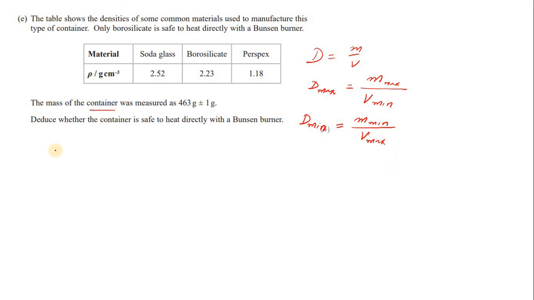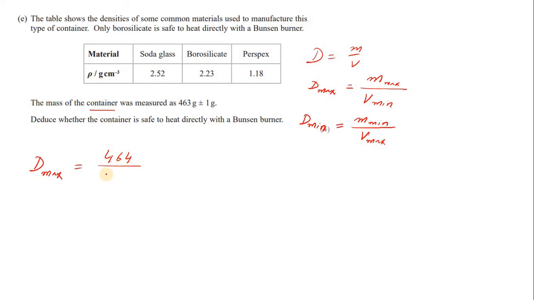So let's calculate the maximum density of the container. So mass should be maximum. So 463 plus 1, so 464, this is the maximum possible mass divided by the minimum volume, because volume is in the denominator, so it should be minimum in order to have a greater fraction.